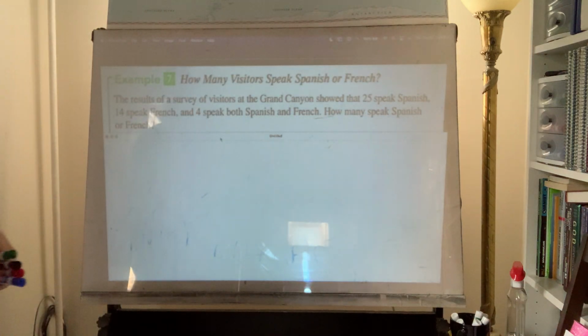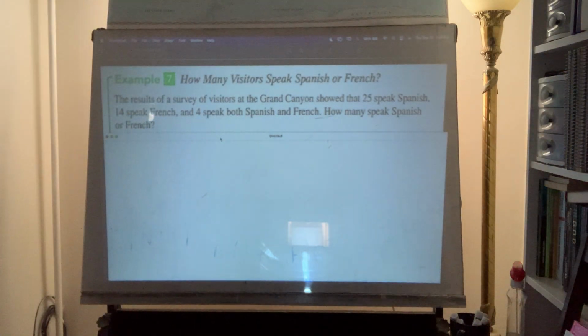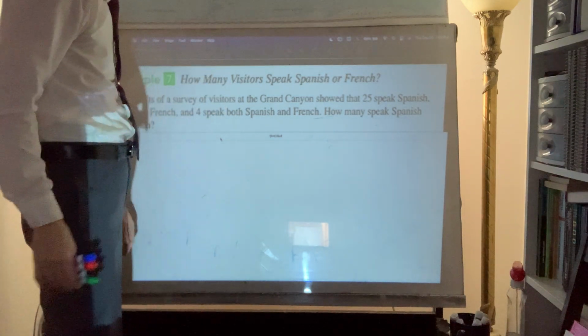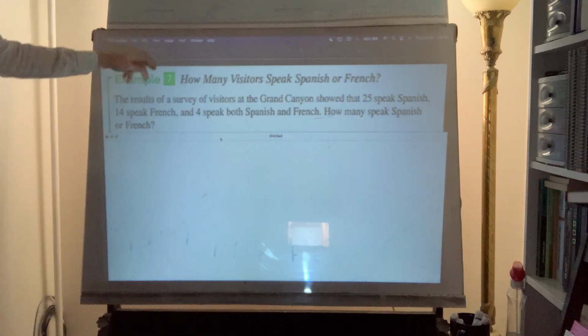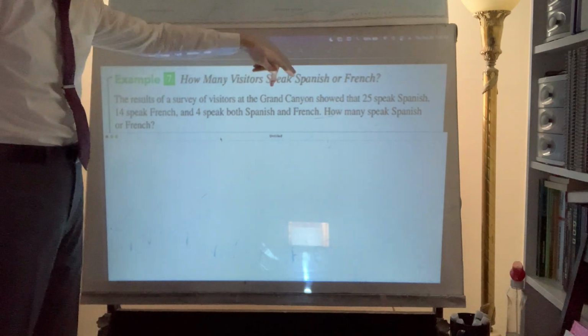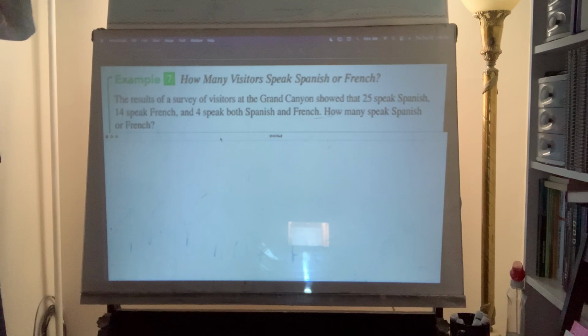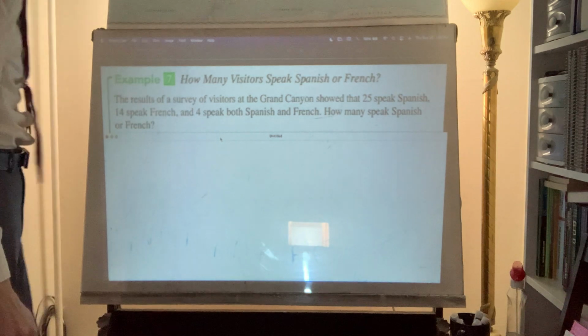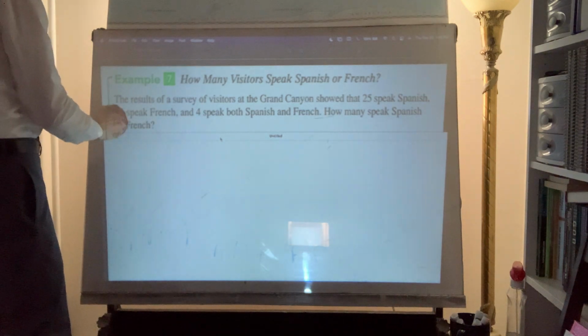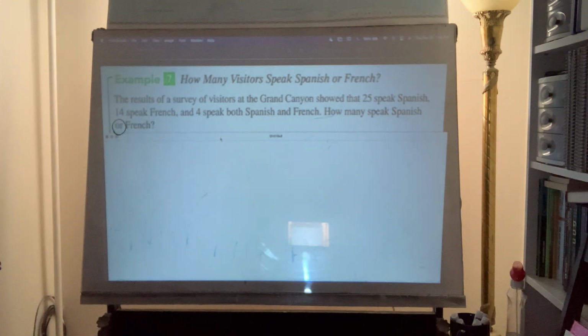Let's see if I can darken this just a little bit more. Okay. How many visitors speak Spanish or French? The results of a survey of visitors at the Grand Canyon showed that 25 speak Spanish, 14 speak French, and 4 speak both Spanish and French. How many speak Spanish or French? This is sort of a segue into the conversation of unions and intersections.